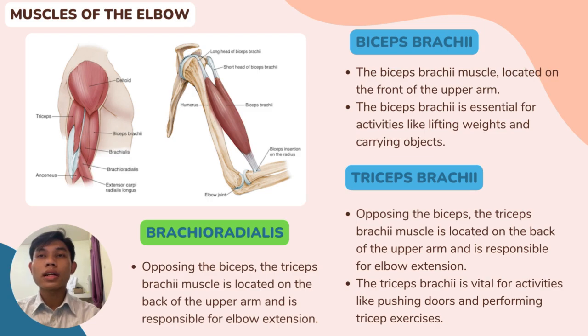The brachioradialis muscle provides additional support and control to the elbow joint, contributing to overall arm strength and functionality. These muscles work synergistically to ensure smooth and coordinated movements of the elbow joint.